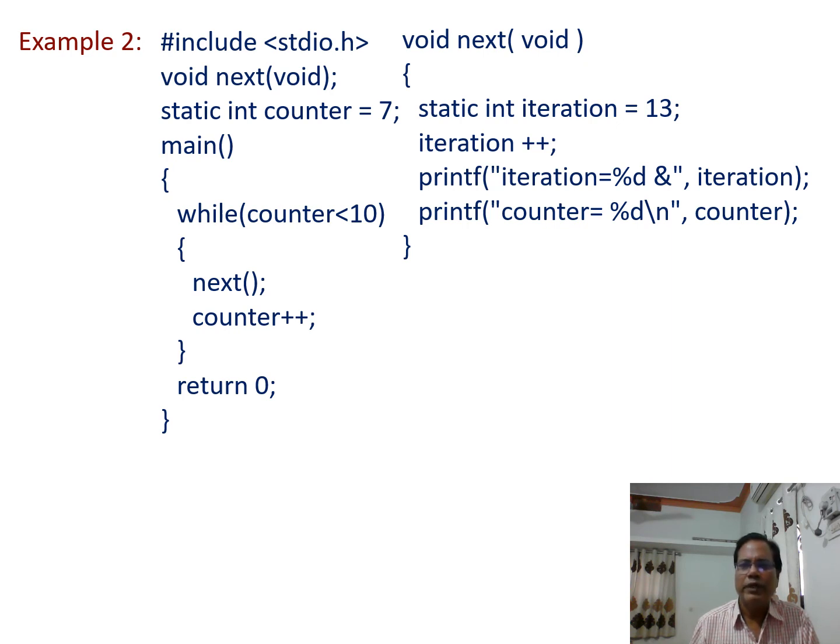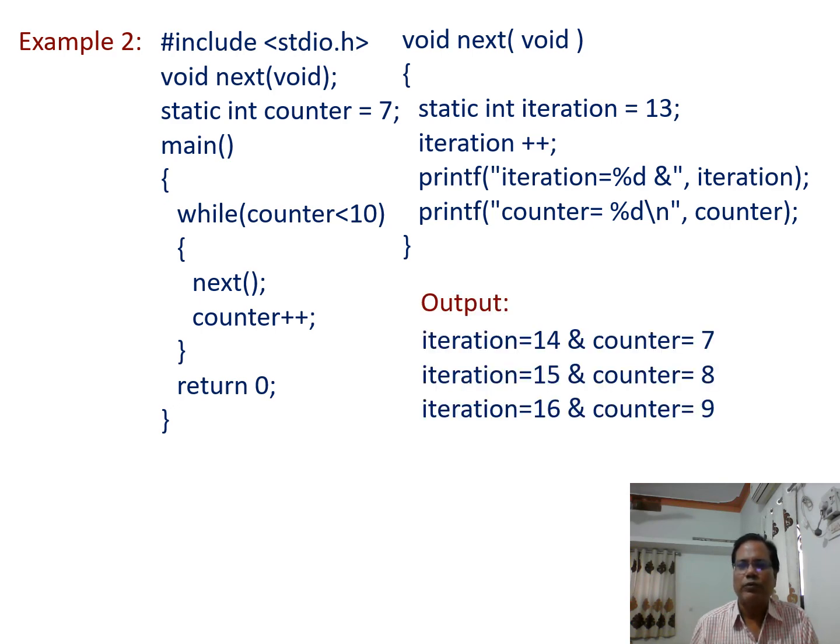In the next function we are declaring a static local variable iteration, and its value is initialized to 13. So whenever this program is run, we get output of this nature.